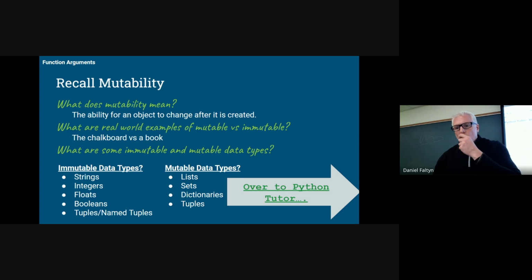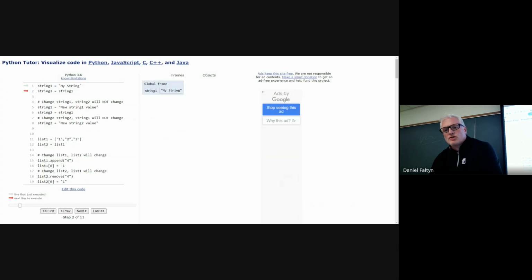All right, so when we talk about this mutability, when I run this code, over here in memory, in this frame, I have my string associated to that variable.